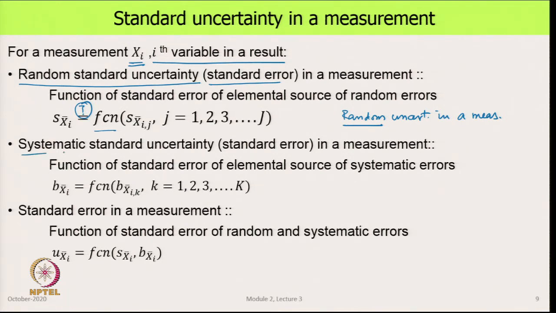Same thing with the systematic standard uncertainty. So, we ask what is the standard error or the systematic standard error in a measurement. This was the random uncertainty in a measurement. Now, we ask what is the systematic standard uncertainty in a measurement.